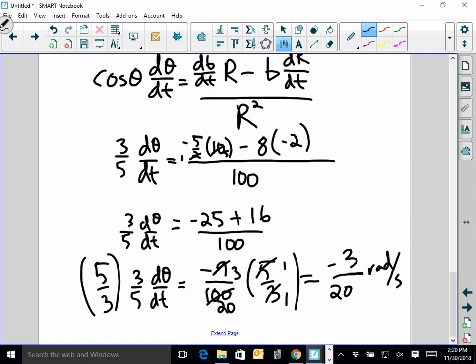Okay, I wanted to do the hot air balloon problem as well. I don't think I'm going to be able to do that because the class is about to come in here. The thing to remember on that hot air balloon problem is they tell you that the hot air balloon is 65 feet off the ground, and it's going up at 1 foot per second.